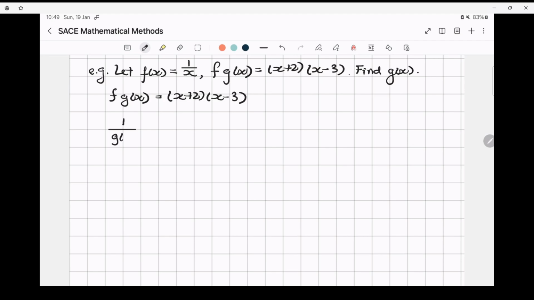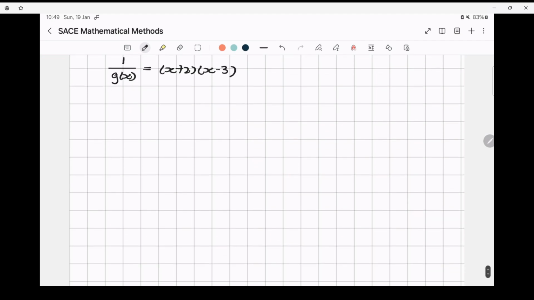So you can treat g of x as some element and then use the definition of f of x to write this. Then automatically your g of x will be recovered, because this will be (x plus 2)(x minus 3) over 1.